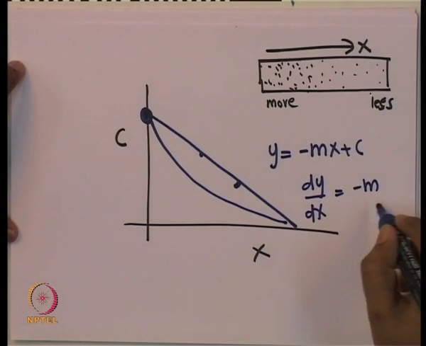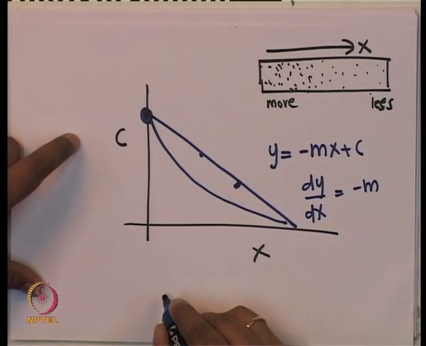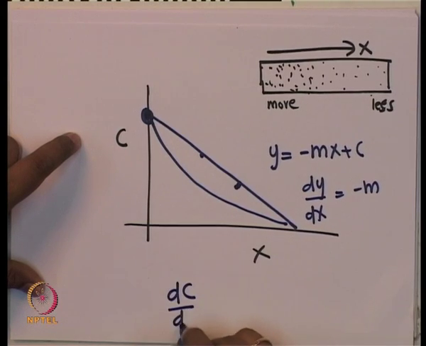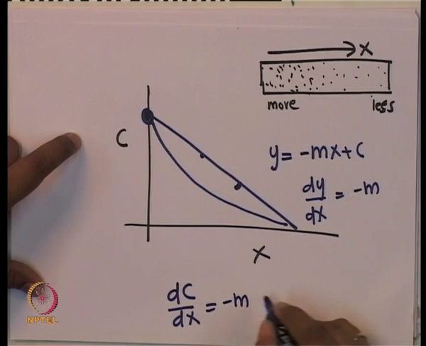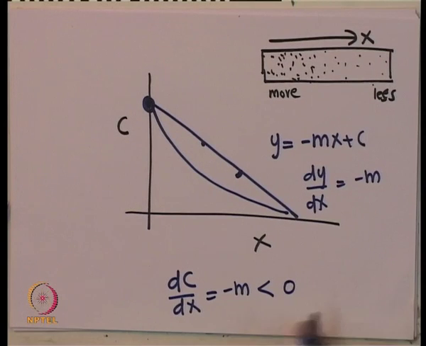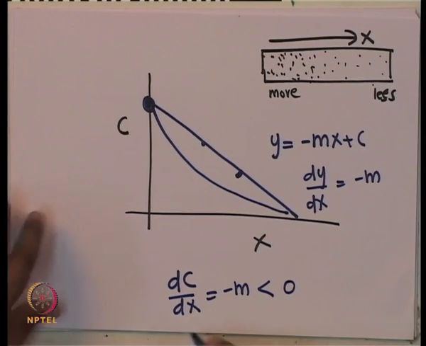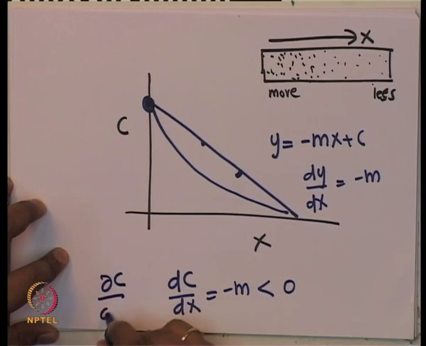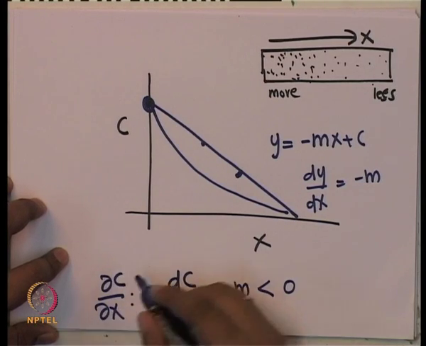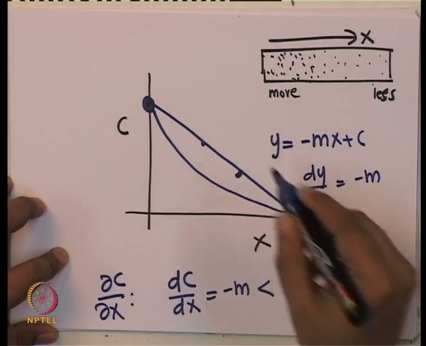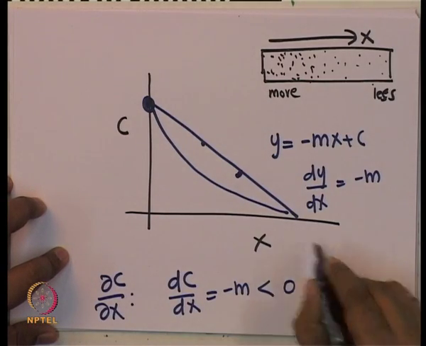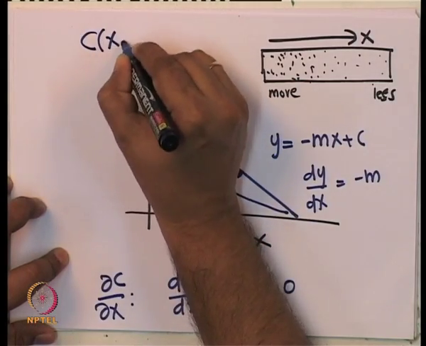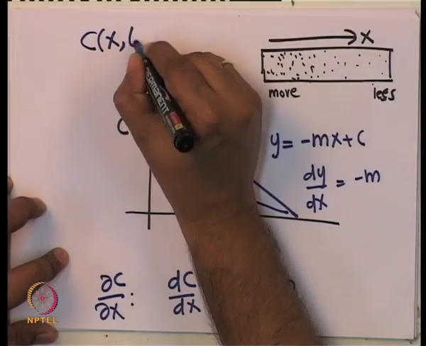So, dc by dx is minus m, which is less than 0. We can also represent this by the partial derivative del c by del x. This also means that c, which is the concentration, can be a function of the distance, the space, and it can also be a function of time.